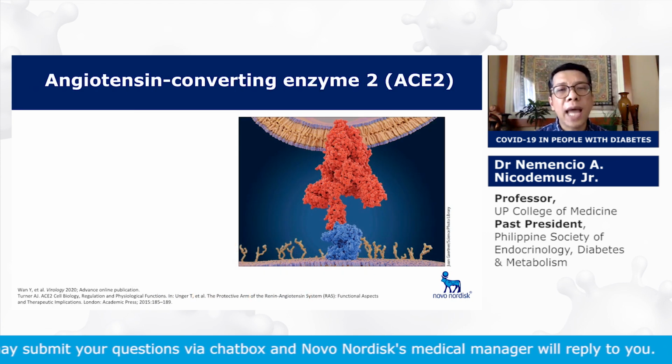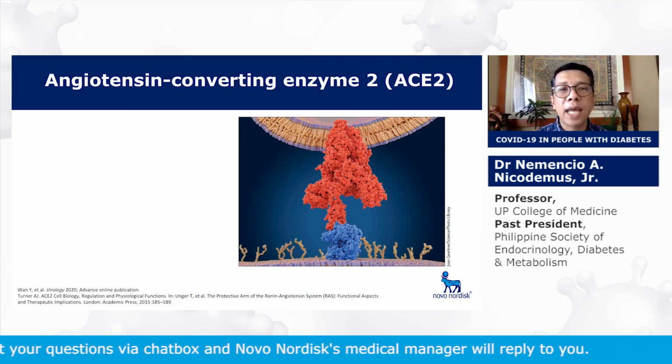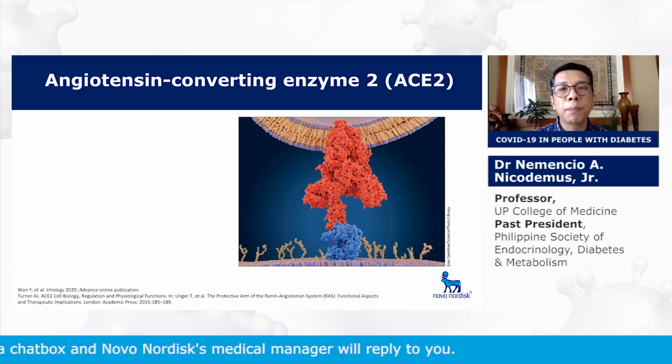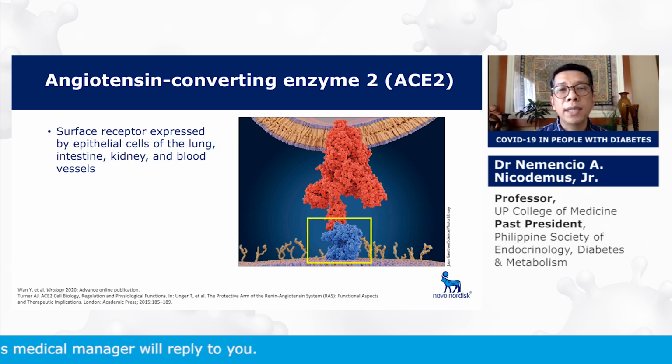Let us understand the ACE2 or the angiotensin converting enzyme 2, which is a very important protein found in humans. ACE2 is a surface receptor that is expressed by epithelial cells of the lungs, the intestines, the kidneys, and blood vessels in humans.